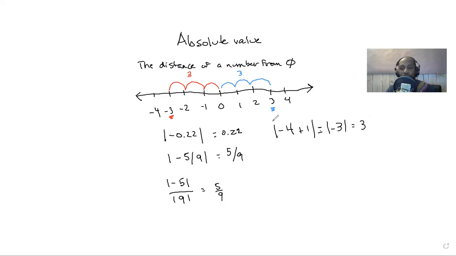All right, let's take it a little further. What is the absolute value of 4 plus the absolute value of 1? All right, so the absolute value of 4 is 4, and the absolute value of 1 is 1. So that becomes 5.